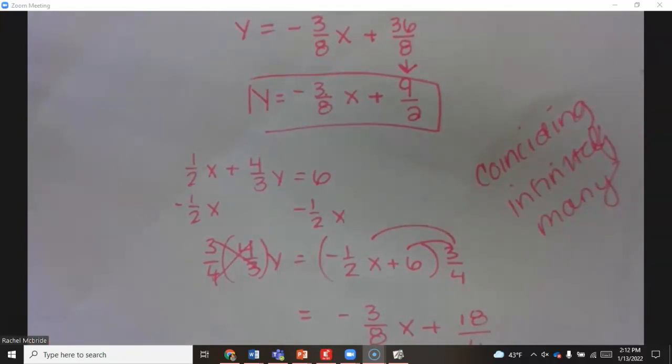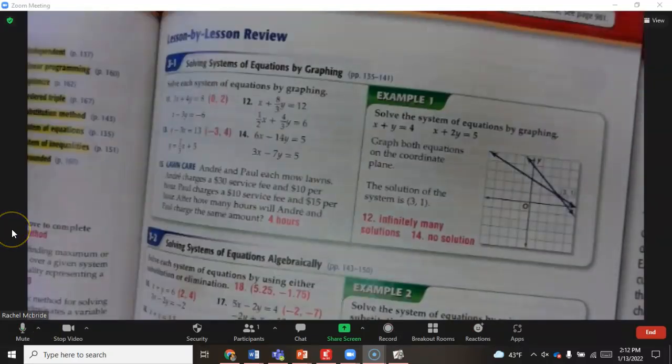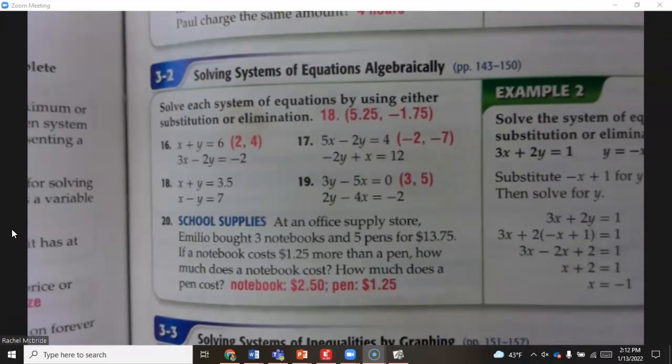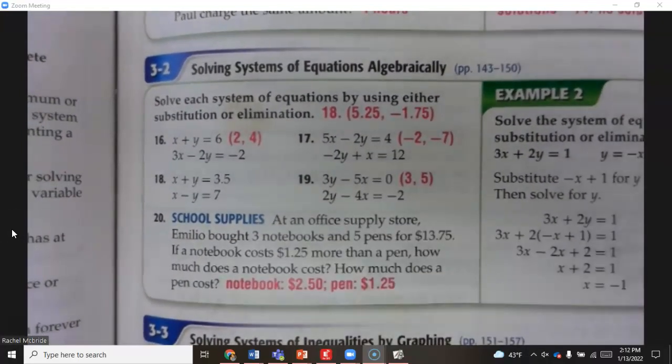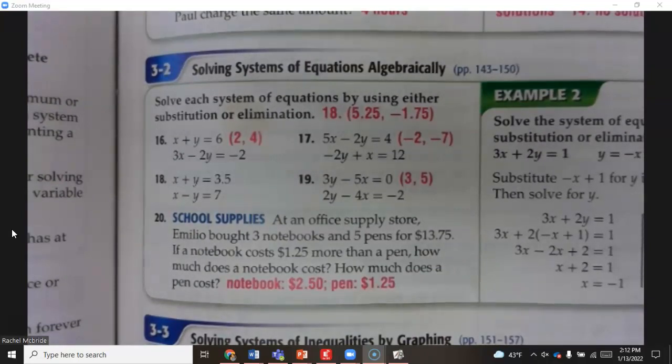I have a question. Here's the answers to the next part. I'm listening, Carter. So 16 to 20, for those ones, you just make them both equal to what, like y equals?